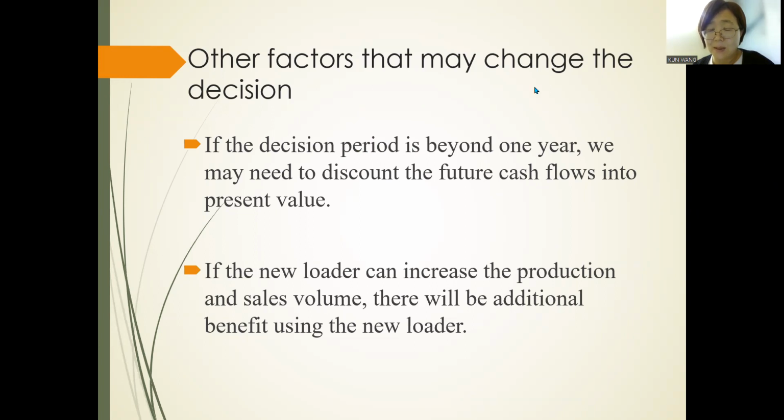That will make the results look different. Also, if the new loader is more efficient, for example more automated or AI driven, you have the potential to increase your production volume compared to the current one.